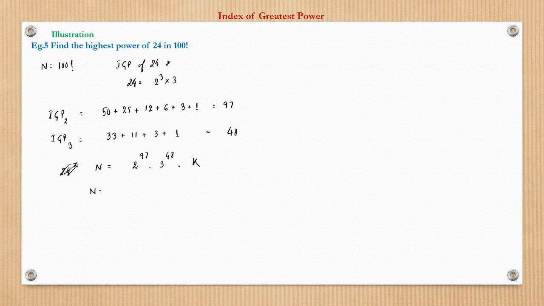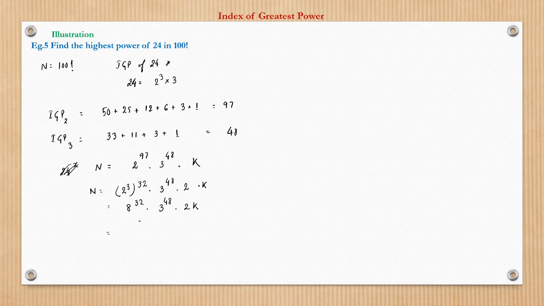So this I can write as 8 raised to power 32 into 3 raised to power 48 into an additional 2, because 2 raised to power 96 plus 1 is 97, and then k. So it becomes 8 raised to power 32 into 3 raised to power 48 into 2k.